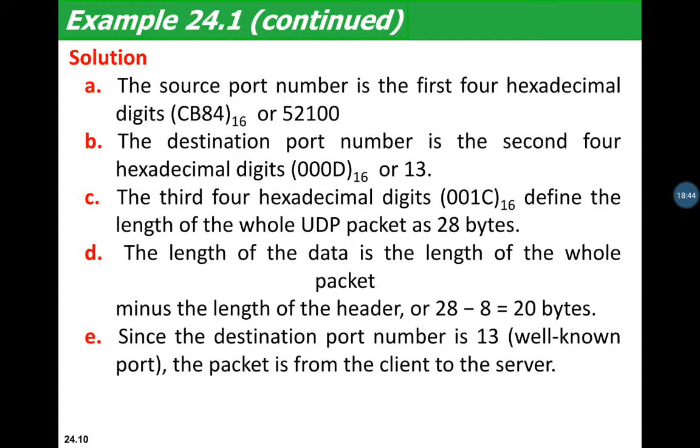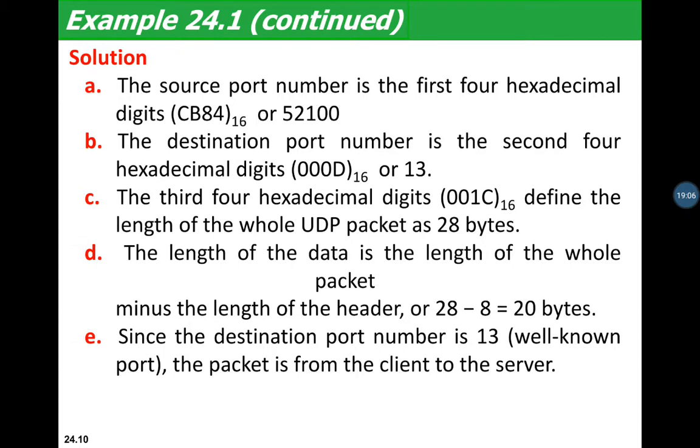Next is the destination port number. It is the second 4 hexadecimal digits, 000D, which is 13 in decimal. The third 4 hexadecimal digits, 001C, define the length of the UDP packet, which is equal to 28 bytes.